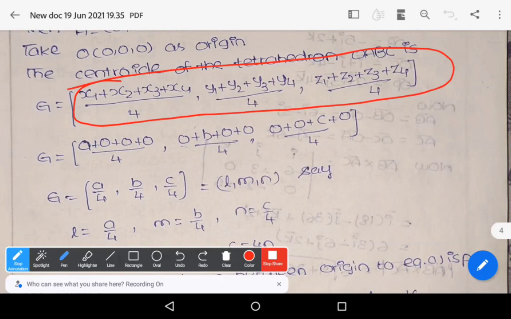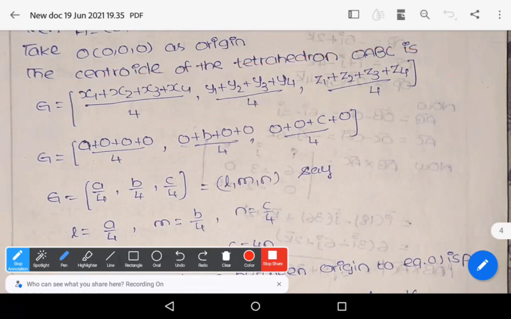I think you know this formula from intermediate onwards.